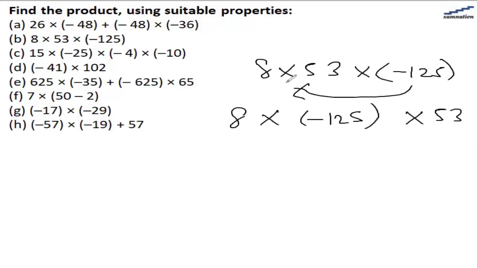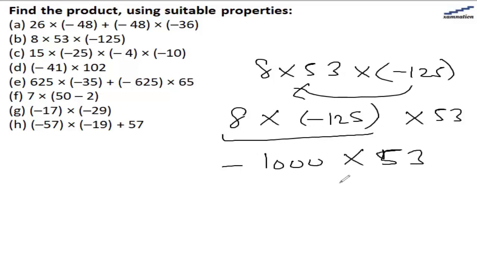Instead of multiplying 8 with 53 first, we multiply 8 with minus 125 first, because when 8 is multiplied with 125, that gives us 1000. The sign will be negative because it is minus 125. So the net answer will be minus 53,000.